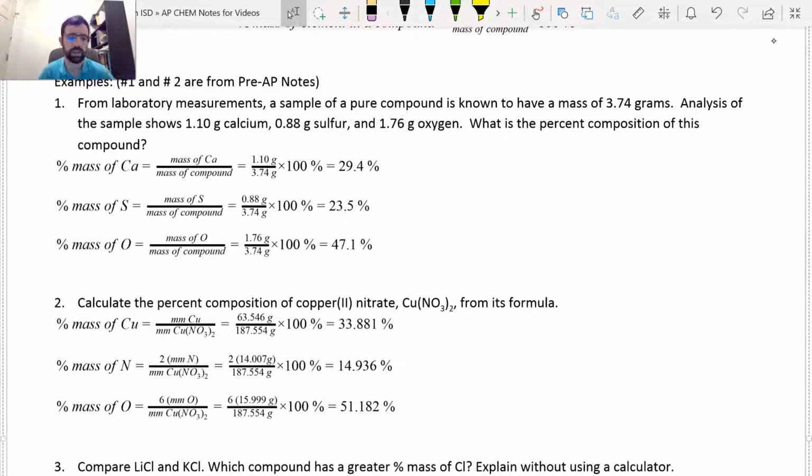You have the formula, so we just use the periodic table to take the mass of copper divided by the molar mass of copper nitrate, if you add that all up, and then multiply by 100. Same thing for nitrogen, because we have two nitrogen atoms in that compound, we would need to double the mass of nitrogen.